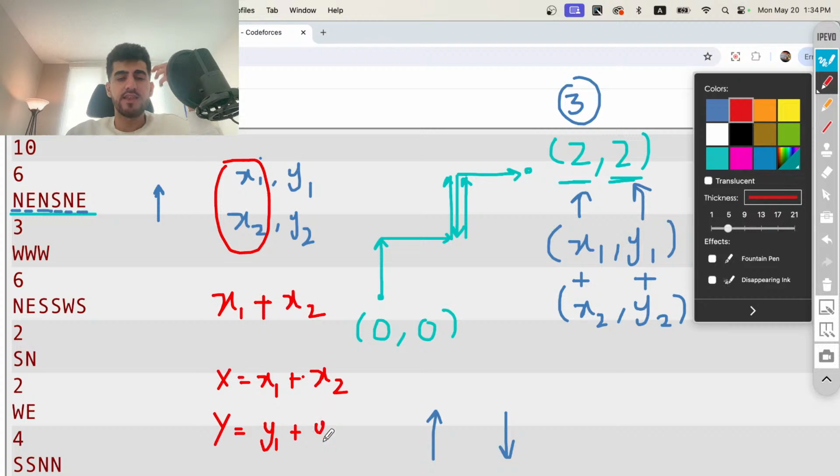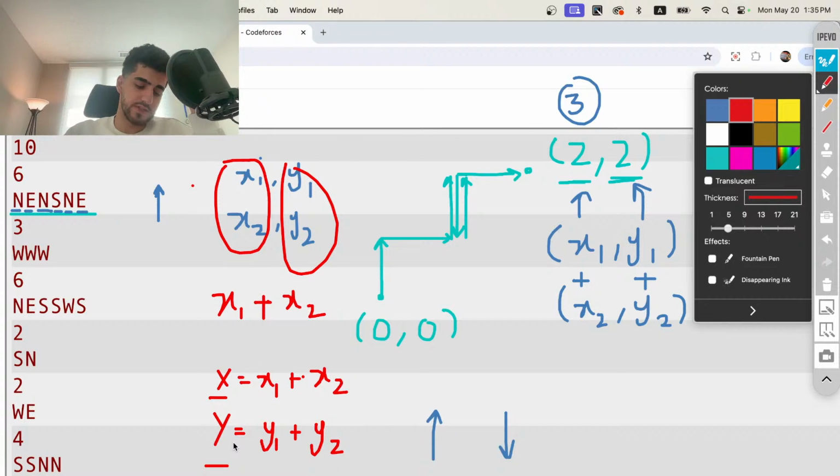I'm just saying that each time we have a north, x1 plus x2 increases. If we have south, again we assign it to one of the robots, so x1 plus x2 decreases. If we have east, y1 plus y2 increases, so this capital Y increases. If we go west, y1 plus y2 decreases, so this capital Y decreases.